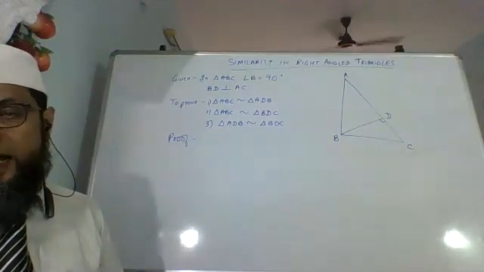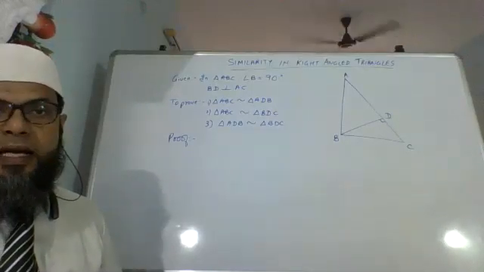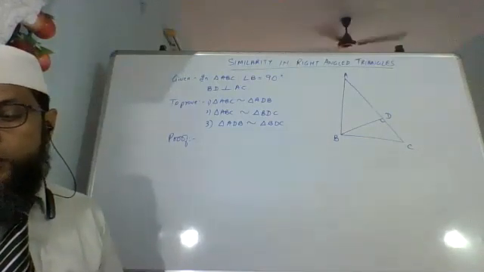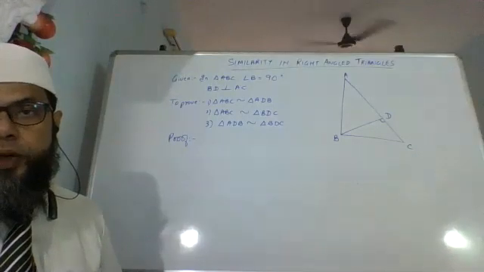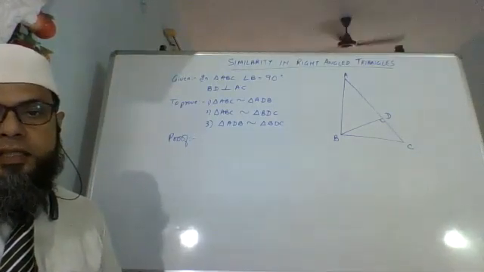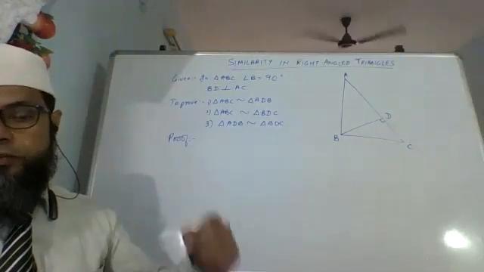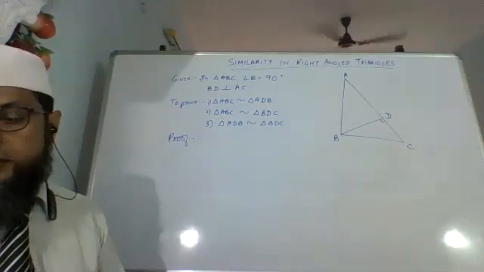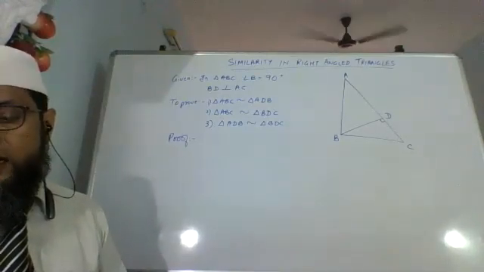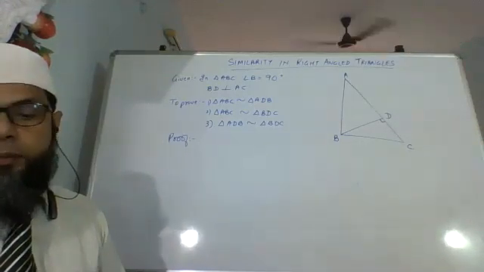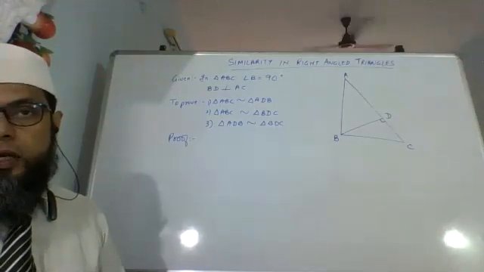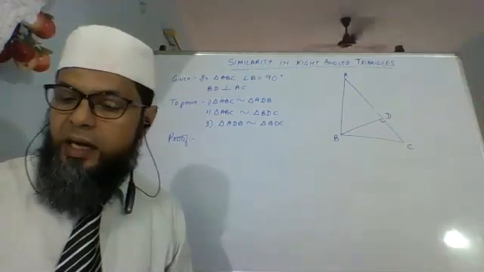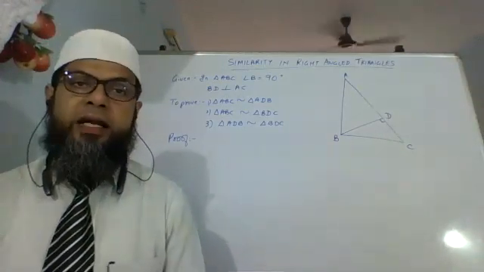then the triangles on both sides of the perpendicular are similar to the whole triangle and to each other.